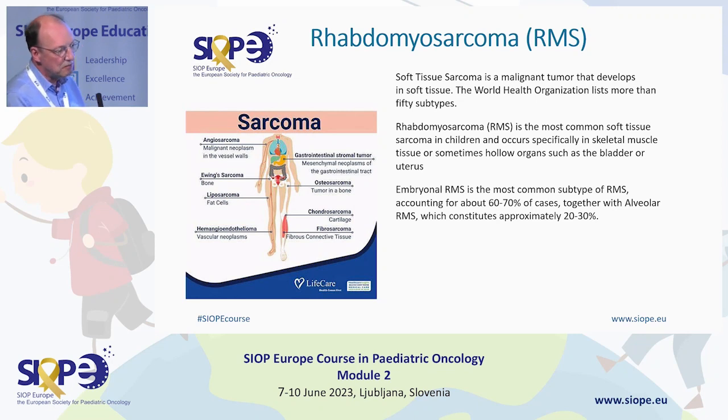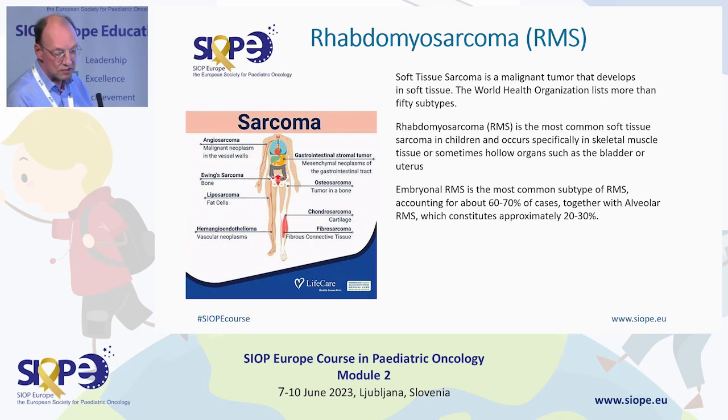But soft tissue sarcoma is a malignant tumor that develops in soft tissue, as you would imagine. And there are many, many subtypes. WHO talks about 50 subtypes, but I've seen more subtypes being mentioned in soft tissue sarcoma.